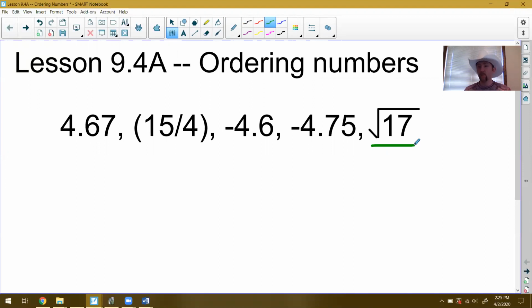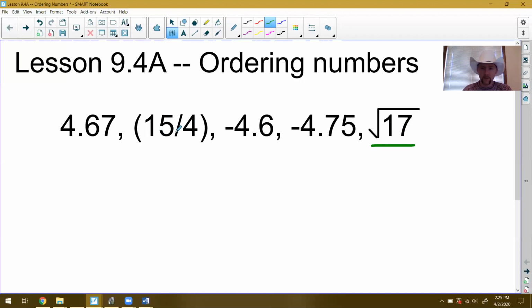We're going to talk mostly about ordering decimals, but in order to order decimals, we need everything to be decimals first, okay? So there are two numbers here that are not decimals. This guy, 15 over 4, and this guy, the square root of 17, okay? And that's mostly what we're going to see in our practice problems, fractions and square roots. So we need to know how to turn both of those into decimal form.